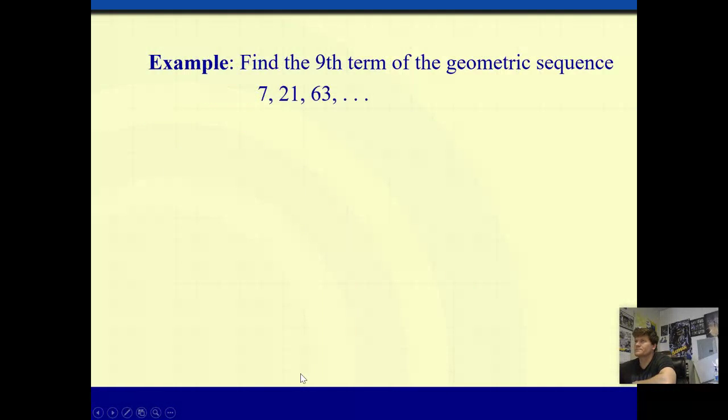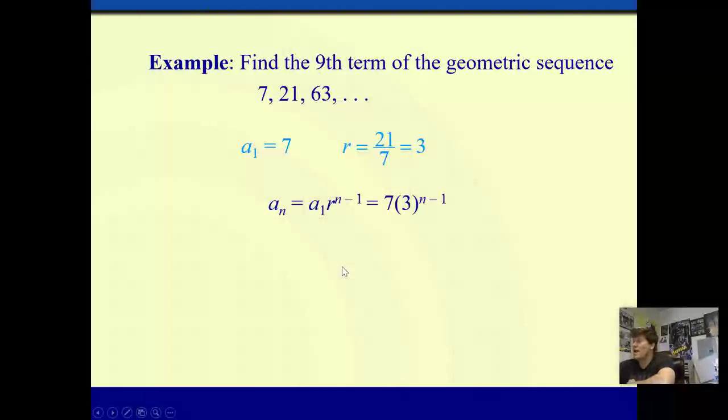Quick review. Let's try it again just to remember finding terms using the explicit formula. This one, we want to find the 9th term of this geometric sequence. It goes 7, then 21, then 63. Use the first term, use the common ratio, find the 9th term. If I did so, I would plug in 7 for my first term, a 3 for my common ratio, and a 9 for n.